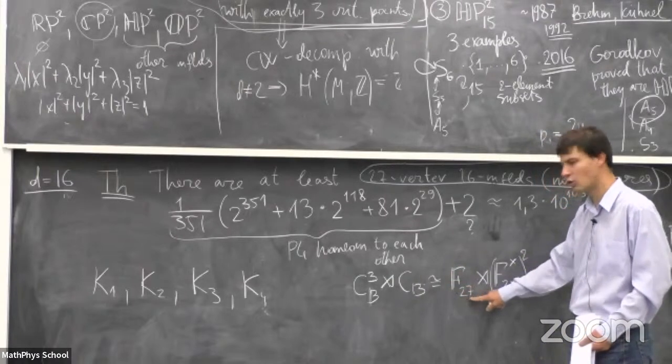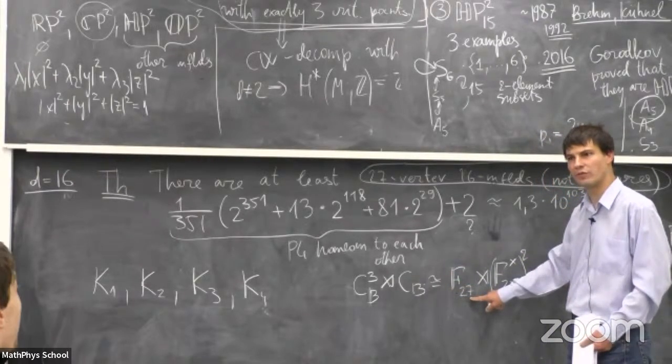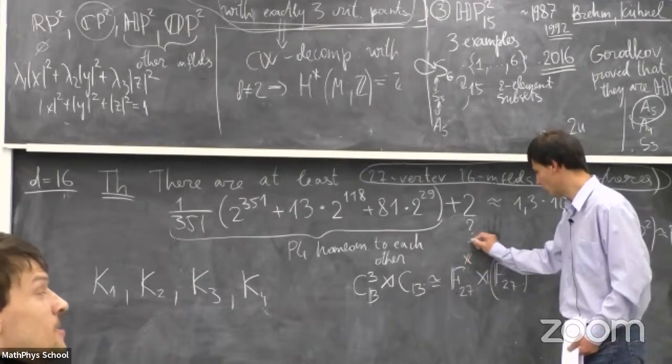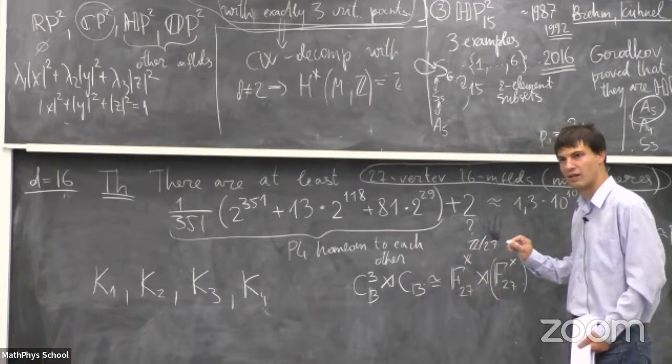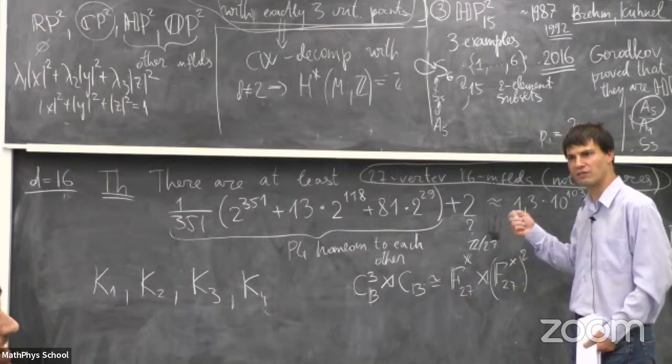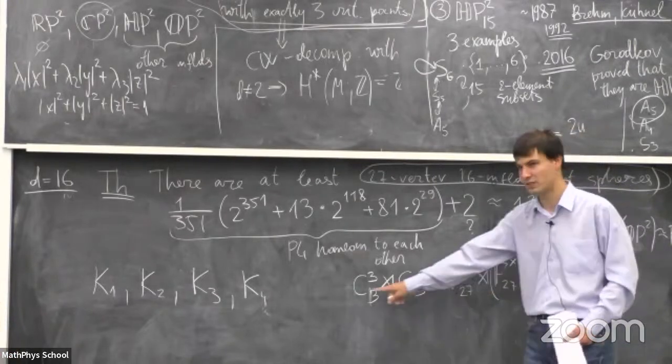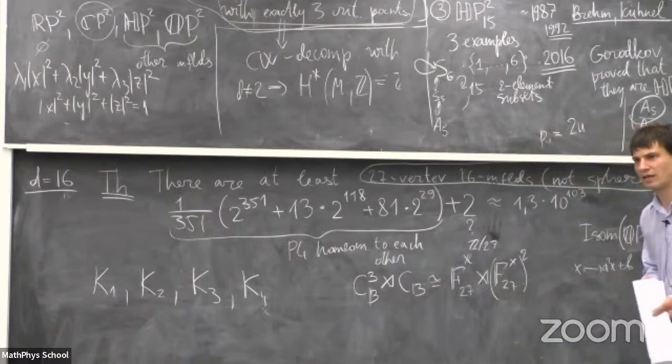This is a field of 27, not Z27. So the additive group is isomorphic to C3 cubed.